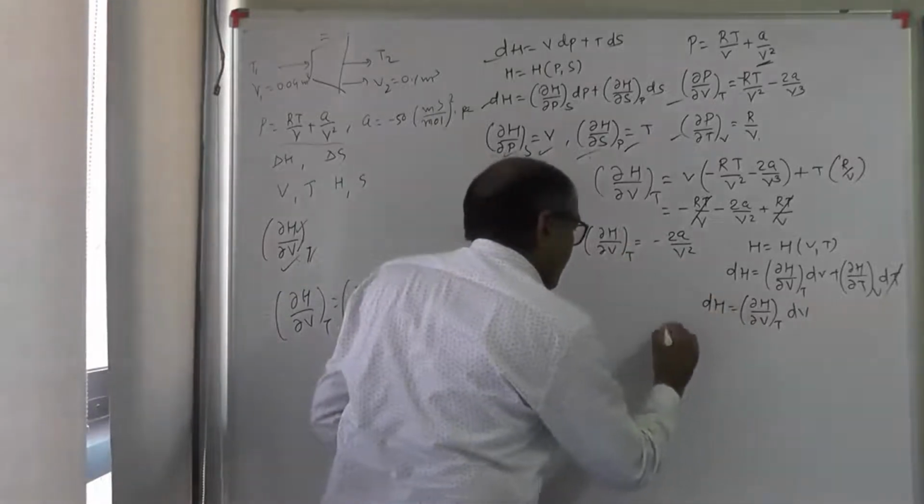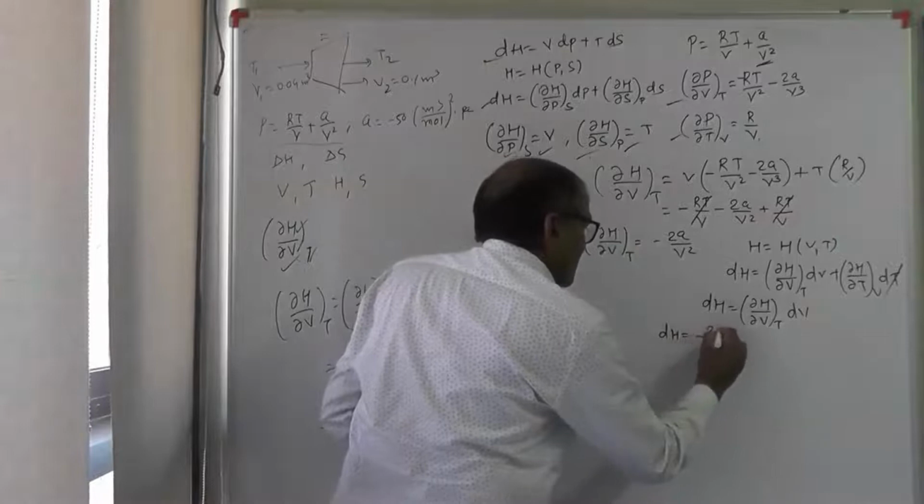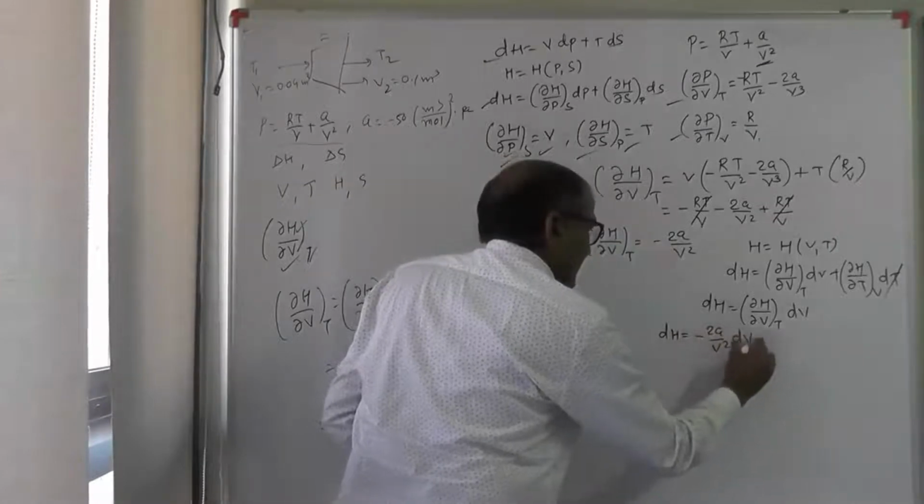So this would be dH equal to minus 2A upon V square dV.